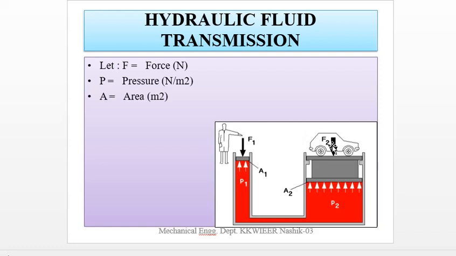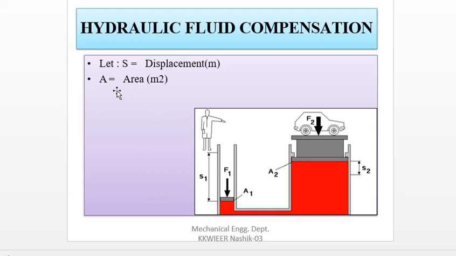So we can say it is a multiplication of forces also. It is one of the examples, or applications, of Pascal's law. Here, as F1 is applied, the displacement S1 of cylinder 1 takes place, whereas the fluid comes into cylinder 2, and S2 is developed.